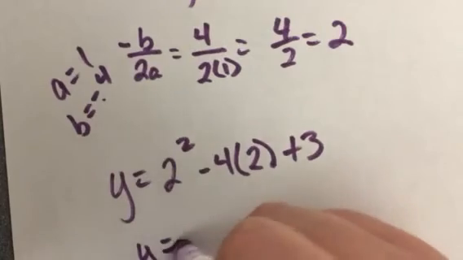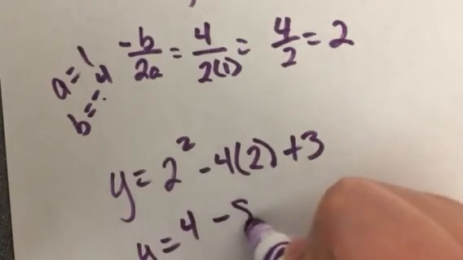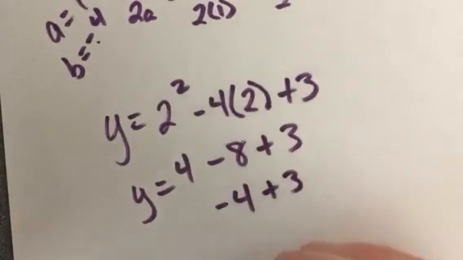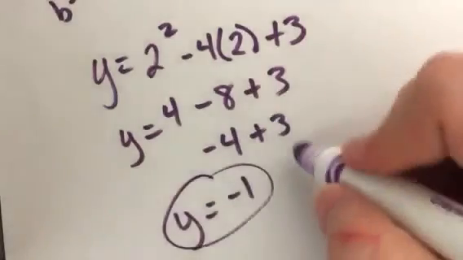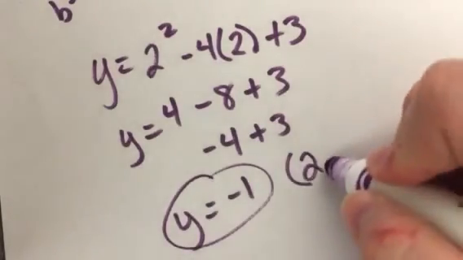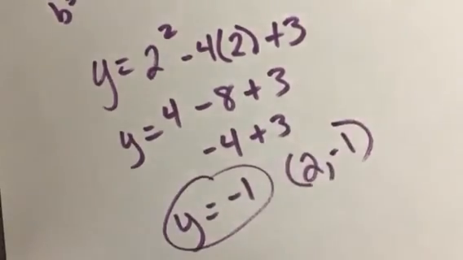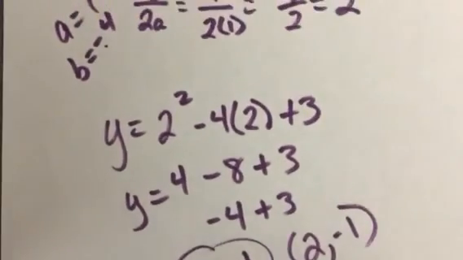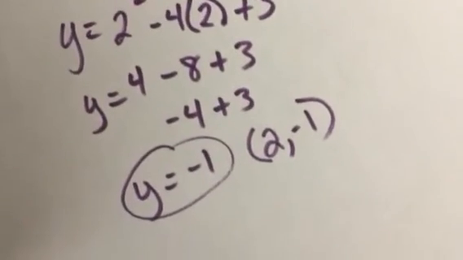Simplify. You get y equals negative 1. So your minimum point is at the point 2, negative 1. And that's how you find your minimum. So we've gone through and found our y-intercept, our x-intercepts, and our minimum value.